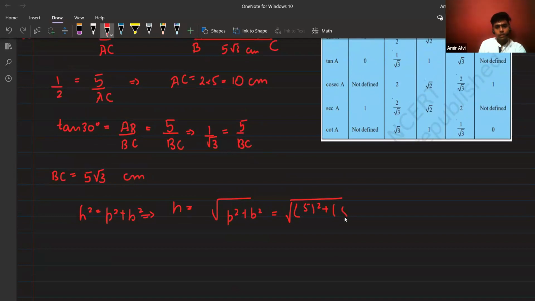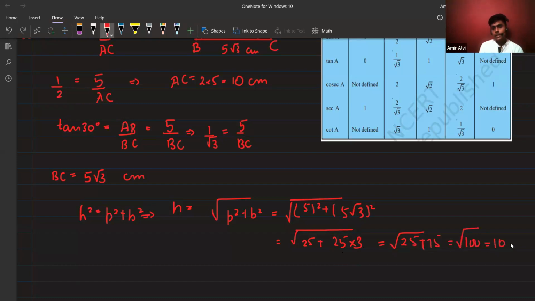So 25 plus 25 into 3, since the square of root 3 is 3. So 25 plus 75 is 100, which means 10 centimeter.